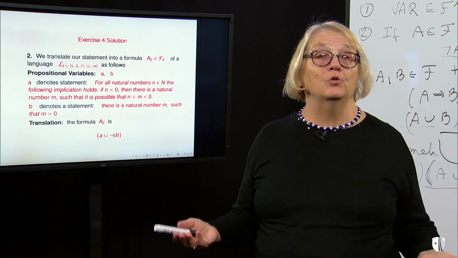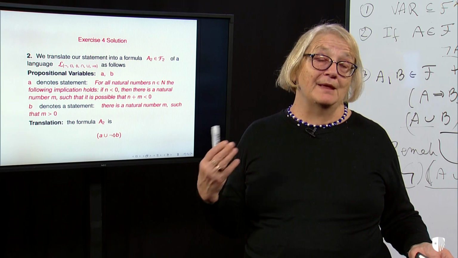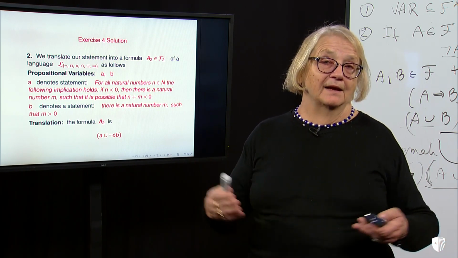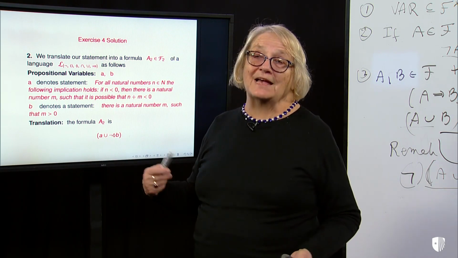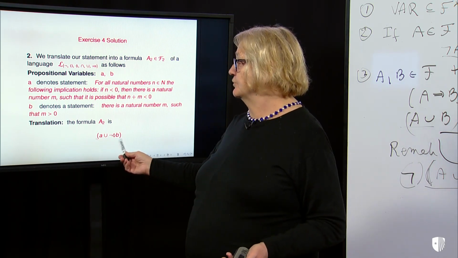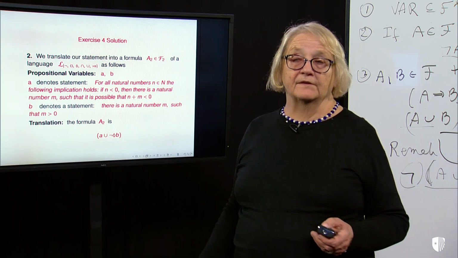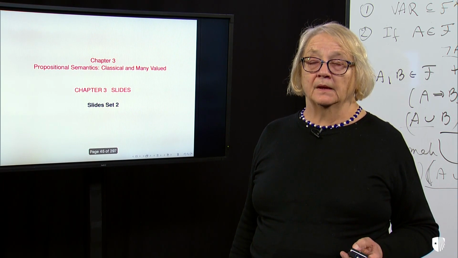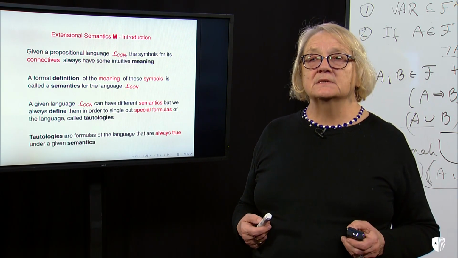Is this formula true or false? That depends, because when you have many-valued semantics, it can have many values. You assign some truth or falsehood, or degree of falsehood, to a given formula. This is called the semantics. And we defined extensional semantics.